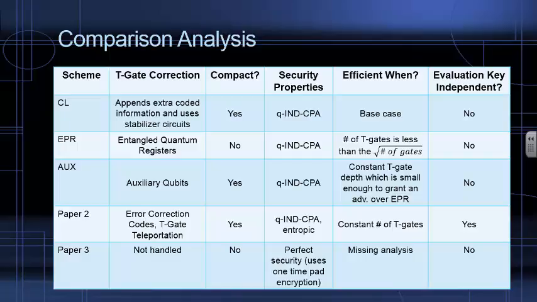The error correction code is similar to the auxiliary qubits. T-gate teleportation is quite similar to the entangled quantum registers. Now, paper 2 was the only one that had a key-independent status for evaluation and compact. The only one that was possibly coming upon being a fully homomorphic encryption scheme, but it wasn't universal, and so it's still needing some work there.